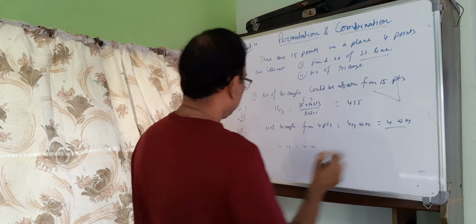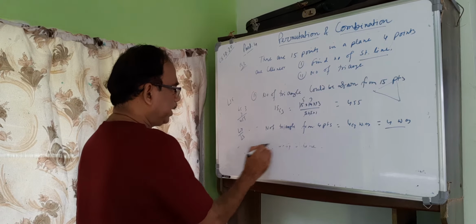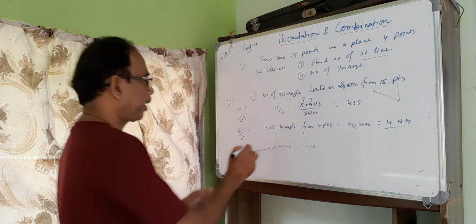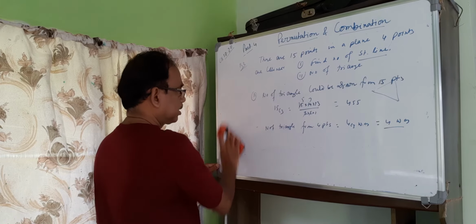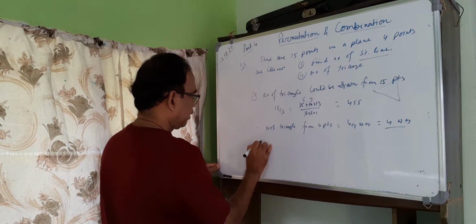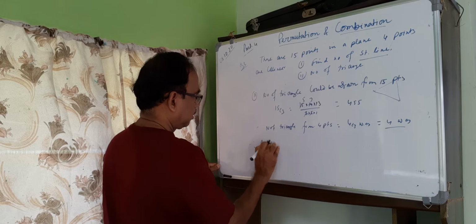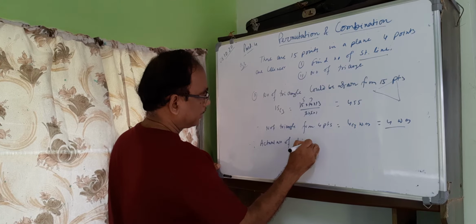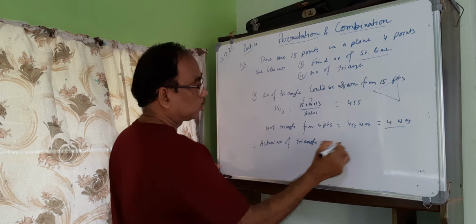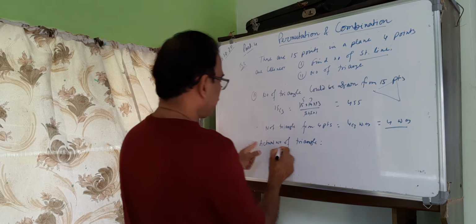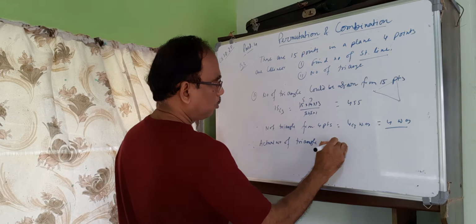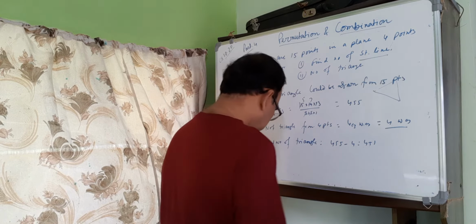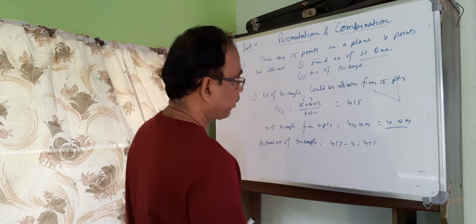But this is not possible, because the points are collinear and we can draw a straight line here. So this should not be a triangle. Therefore, the actual number of triangles should be this minus this. Because this will be a straight line, you have to subtract: 455 minus 4, that is 451. 451 is the actual number of triangles.